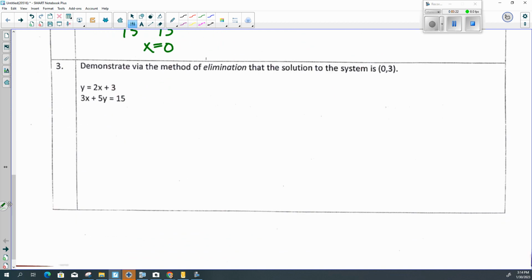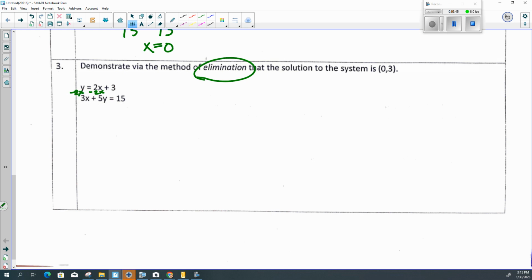And the last way is substitution, or excuse me, elimination. So I need to get opposite coefficients, but I'm noticing that my columns are not lining up properly. I should not have x's and y's all lined up together. So I'm going to fix that by subtracting 2x from both sides here.